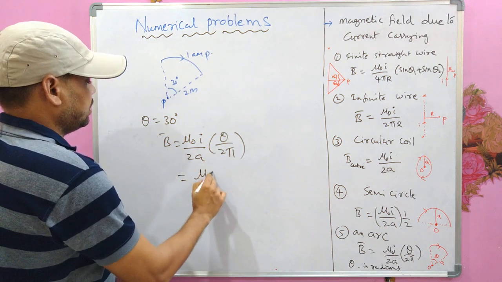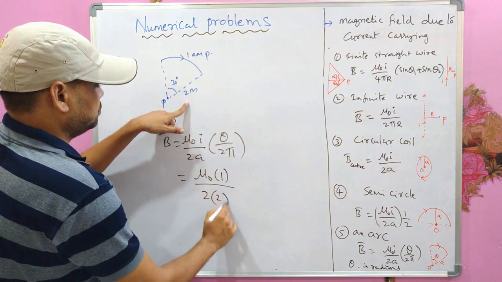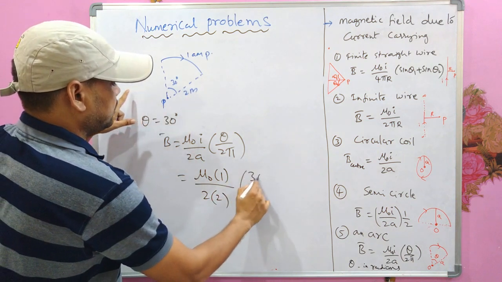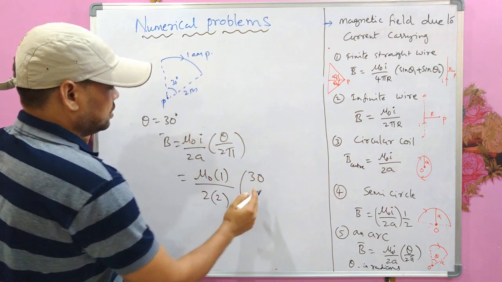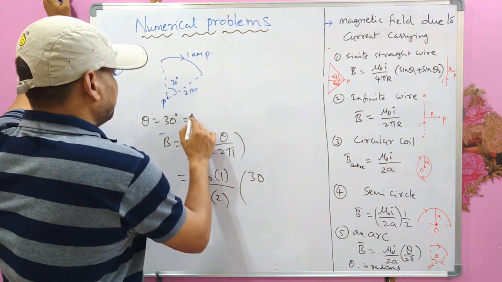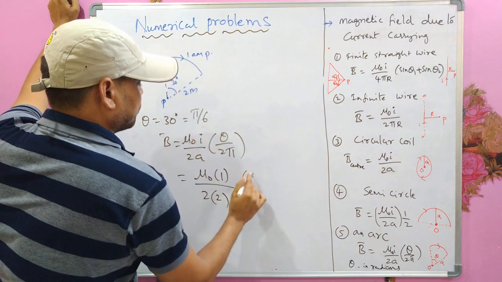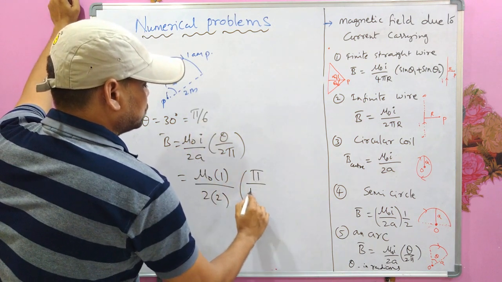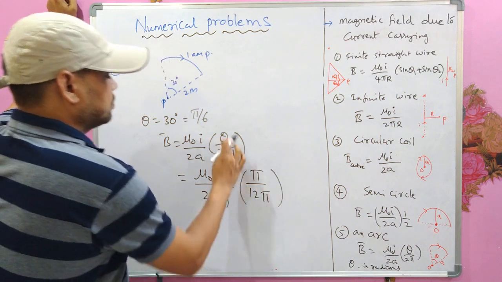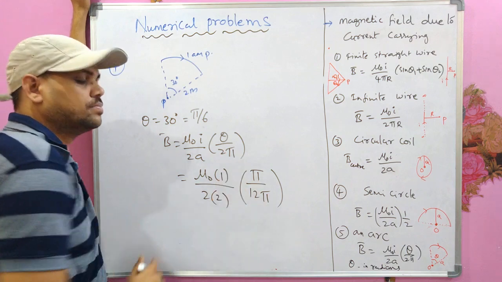So the formula is mu naught I by 2a into theta by 2 pi. Mu naught into 1 by 2 into, a is 2, theta is 30 by 2 pi. This 30 you have to write as pi by 6, so pi by 6 by 2 pi.